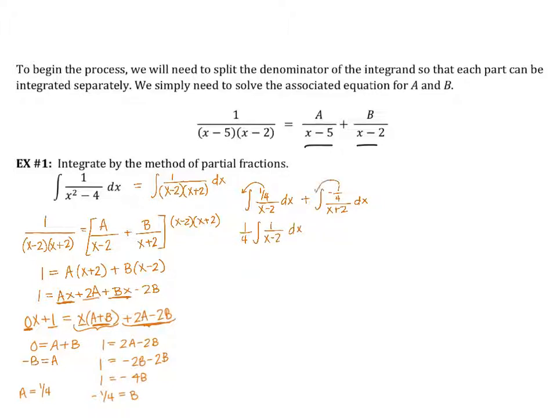And then if I move this out, I have minus 1/4 times the integral of 1 over x plus 2 dx. When we put those together and integrate, these are going to be natural log. So we're going to have 1/4 natural log absolute value of x minus 2, and then minus 1/4 natural log absolute value of x plus 2, and then plus C.